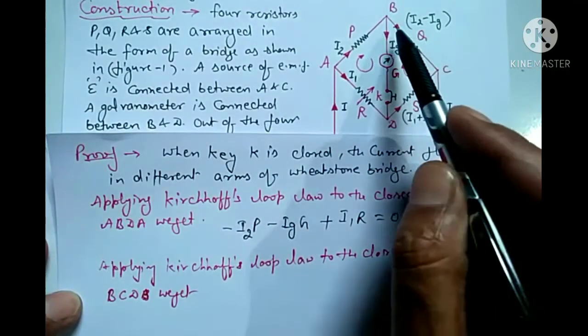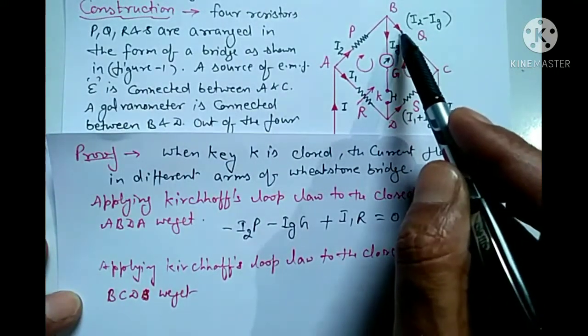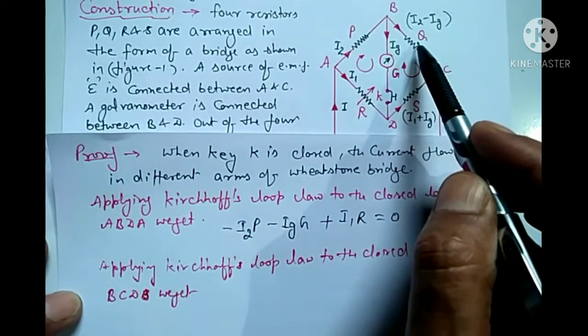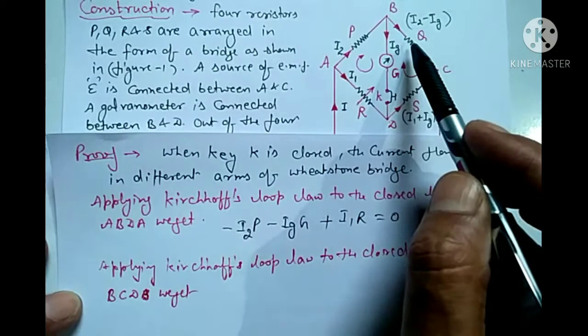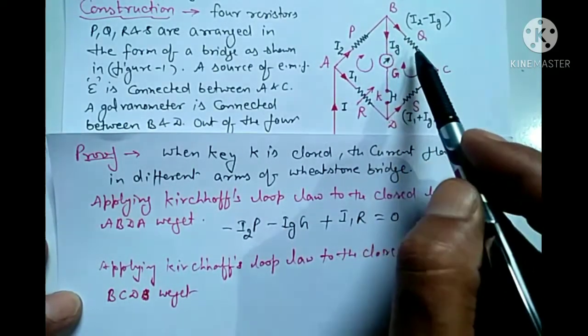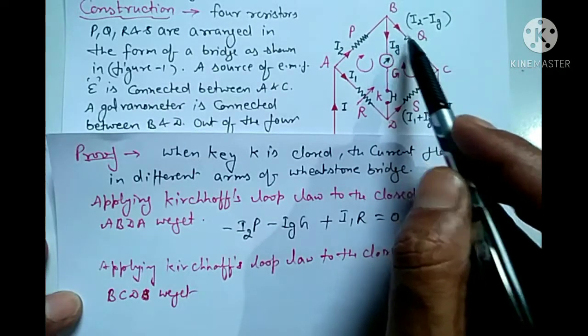Through this resistor Q, the potential is also taken as negative because my direction and the direction of current are the same.